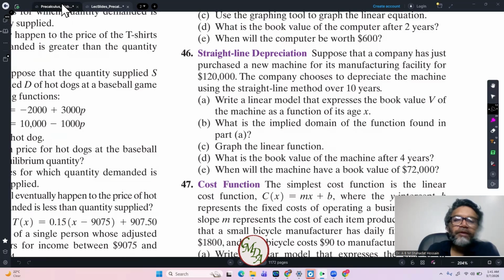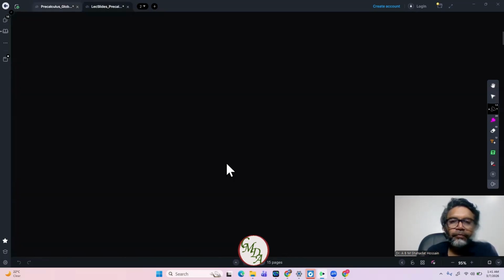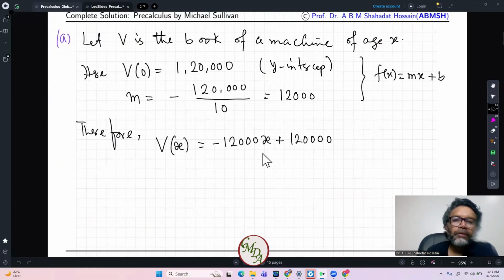What is the implied domain of the function in part A? So for part B, the domain must have 0 as the initial.